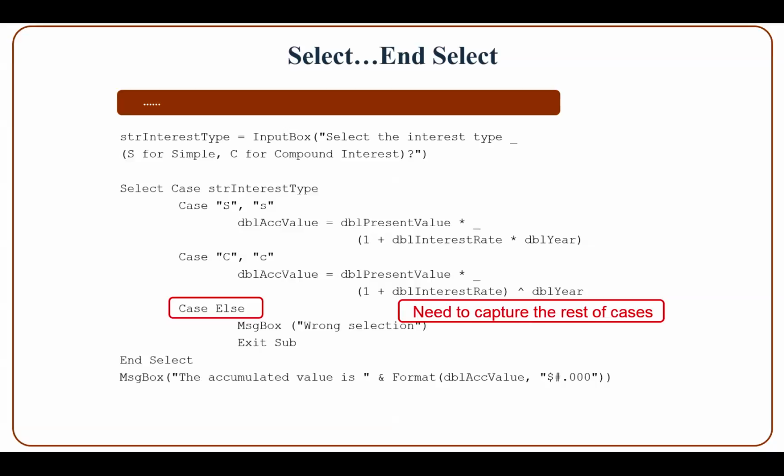If it is equal to lowercase s or uppercase s, then the accumulated value is calculated using the simple interest formula. Otherwise, if it is equal to uppercase or lowercase c, then the accumulated value is calculated using the formula for the compound interest.